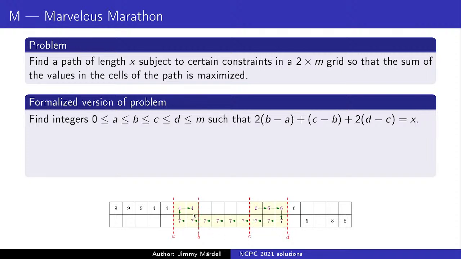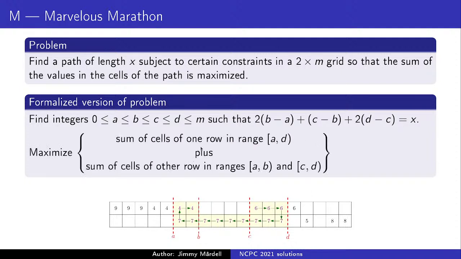So we start at point C, we go all the way to point D and make a U-turn and go back all the way to point A, make a U-turn and end up at point B. So we want to find these 4 key points A, B, C, D, such that 2 times (B minus A), which is these 4 squares, plus (C minus B), which is this interval from B to C, plus 2 times (D minus C), which is these 6 squares, should be equal to X, the total length of the path.